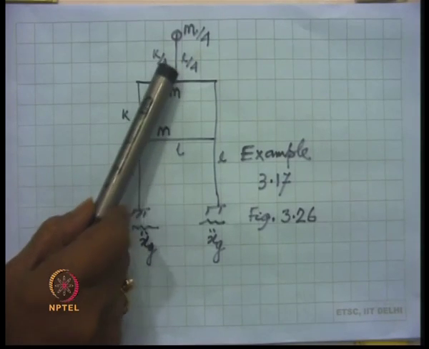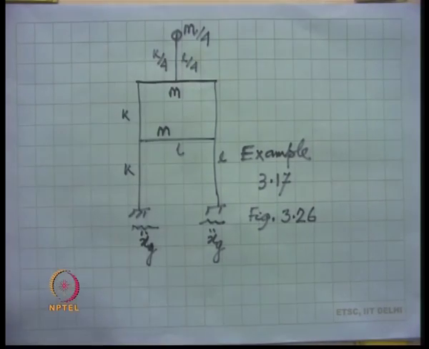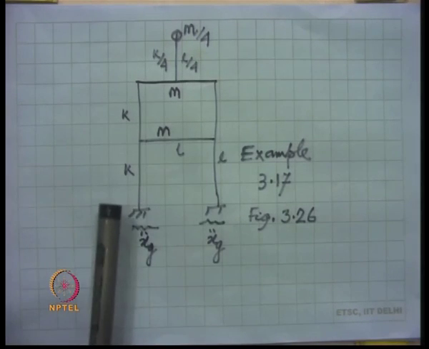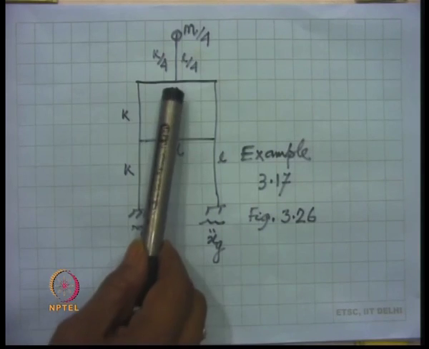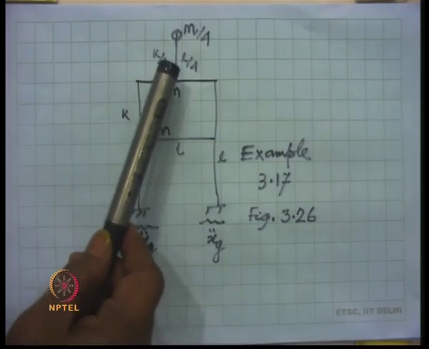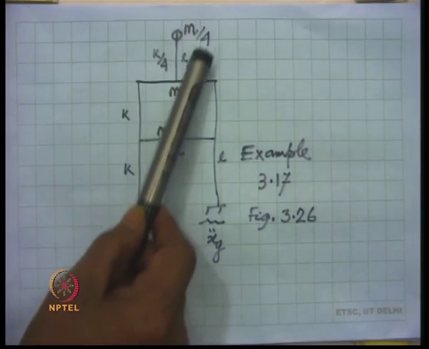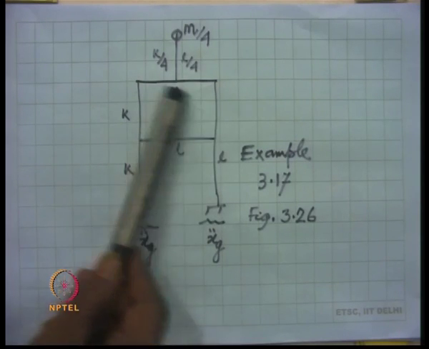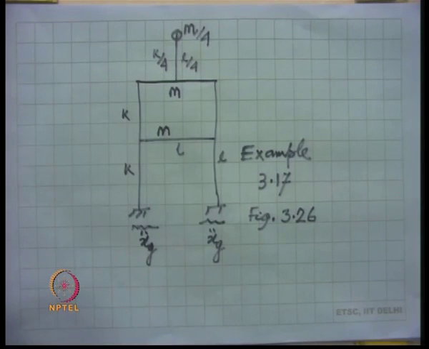The stiffness is k/4, whereas the main building has a stiffness of k, and this is the mass of the 2 floor. Damping for the secondary system is 2%, damping for the primary system is 5%.